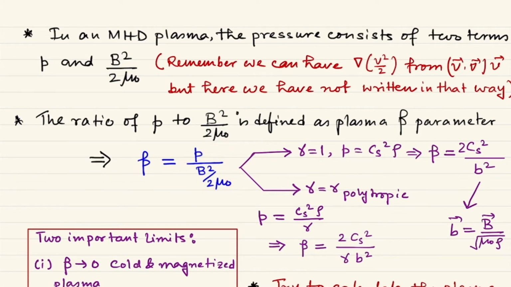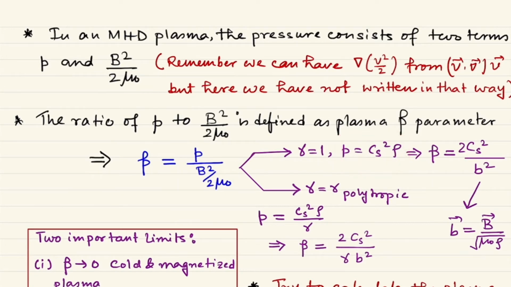Now we will see two specific cases. One is the isothermal case where gamma is equal to 1, and so P is simply proportional to the density. That case we have already encountered previously for a normal fluid, so this conclusion remains unchanged.